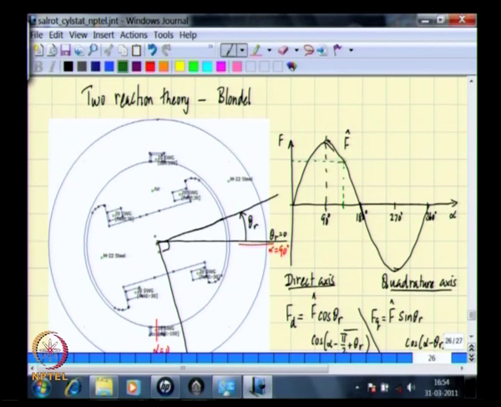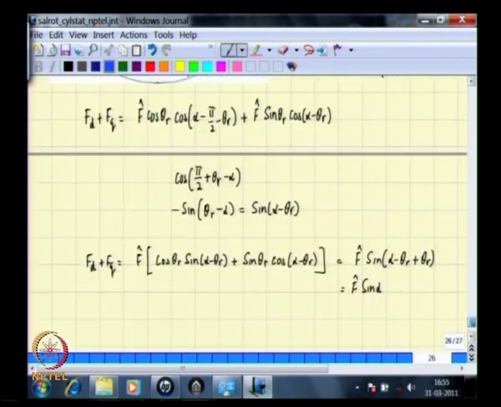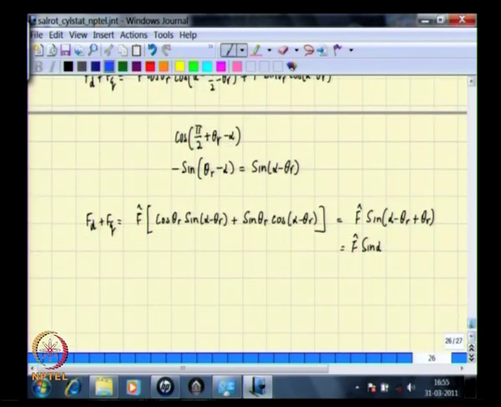What we are assuming is that this MMF on the direct axis is distributed as a sinusoidal function like this. Then another term, f hat into sine of this angle, would come somewhere here, and then you have another sinusoid something like this. We are saying that the sum of these two sinusoids is the original sinusoid. So, that is a pictorial representation of this expression.